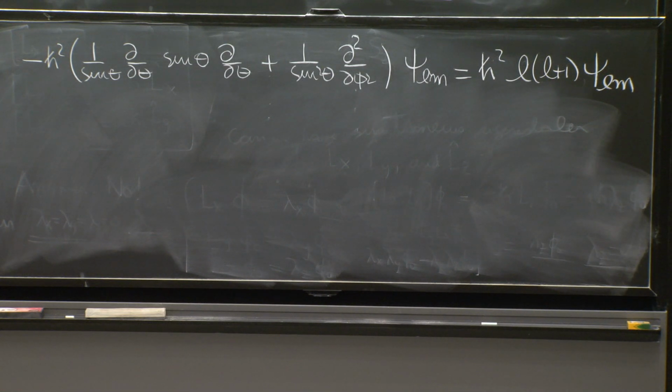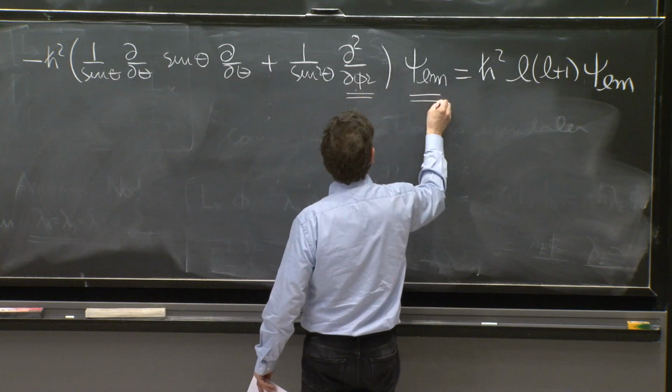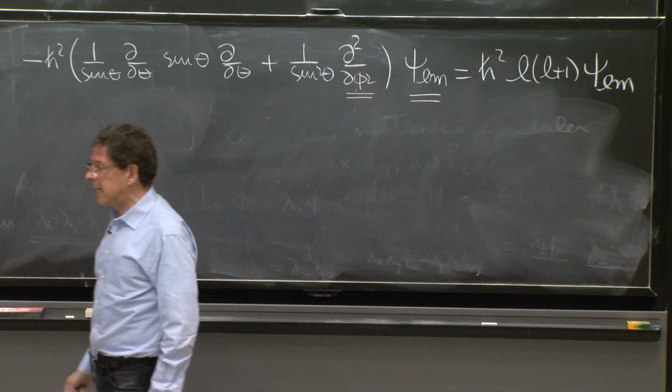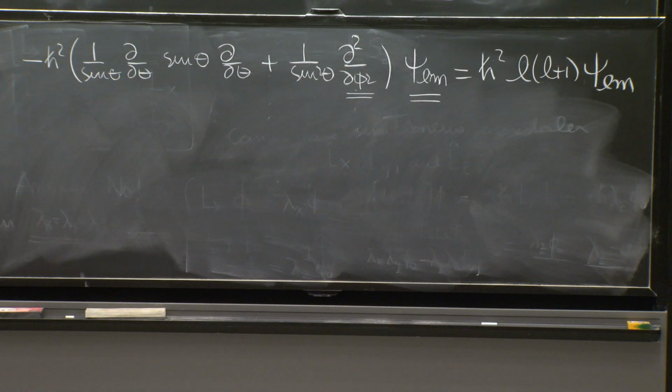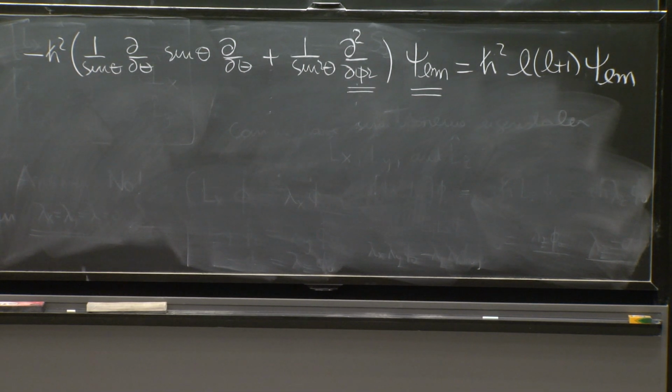One thing we can do here is let the d/d phi squared act on this, because we know what d/d phi does. d/d phi brings an im factor, because you know already the phi dependence of psi Lm.